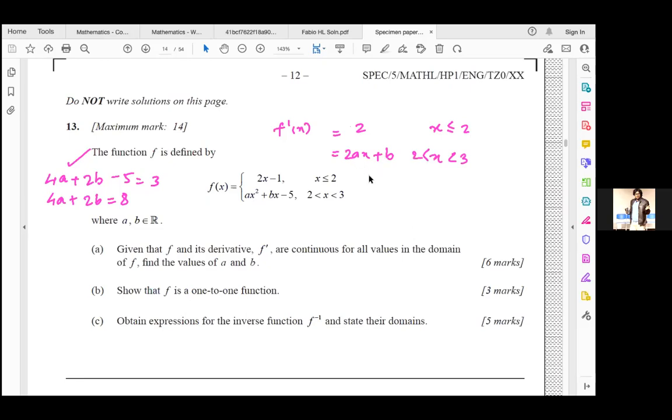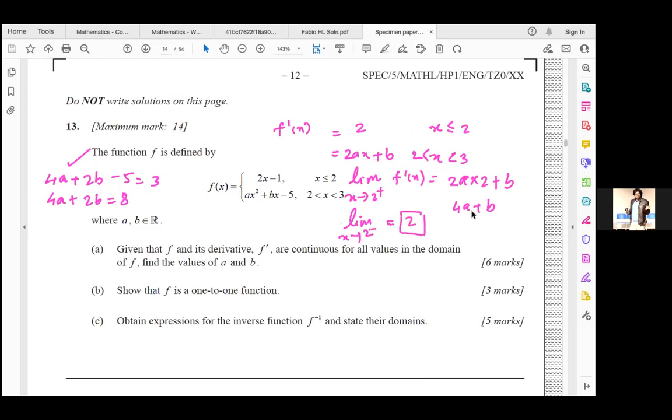So my right-hand derivative, limit x tending to 2 positive for the function derivative, for x greater than 2, you plug in 2 here, so it will be 2a times 2 plus b, which is 4a plus b, and my left-hand limit, as x tends to 2 negative, is basically 2.